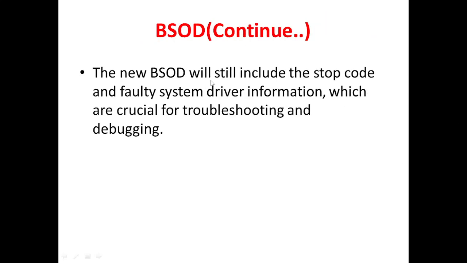And the new BSOD will still include the stop code and faulty system driver. It will only remove the QR code, but it will still have the stop code and faulty system driver information, which are crucial for troubleshooting and debugging. It will be displayed on the black screen.